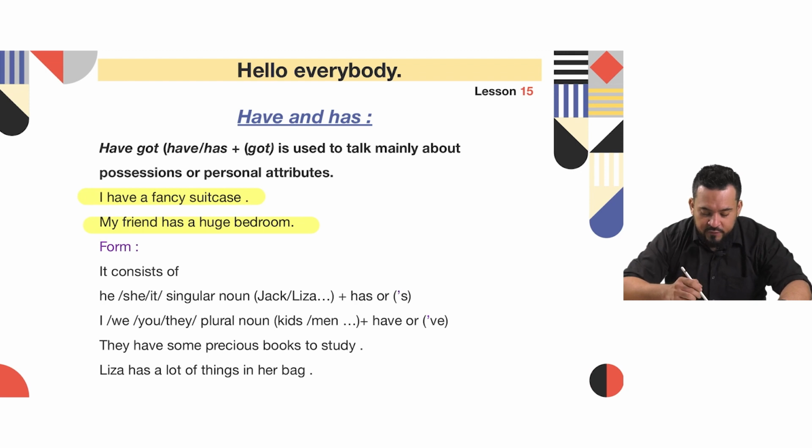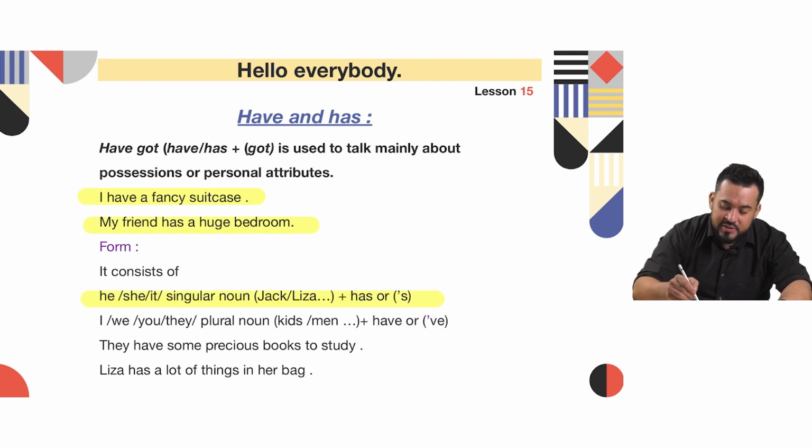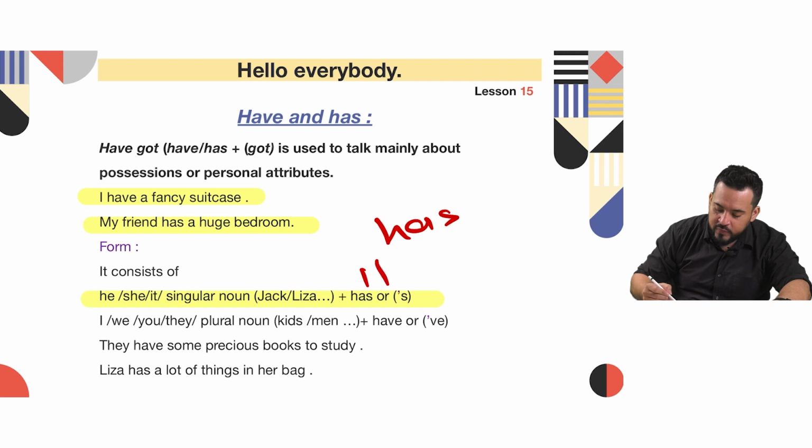It consists of he, she, it, singular noun, plus has. So what does that mean? That means we use has with he, she, it, or single noun.